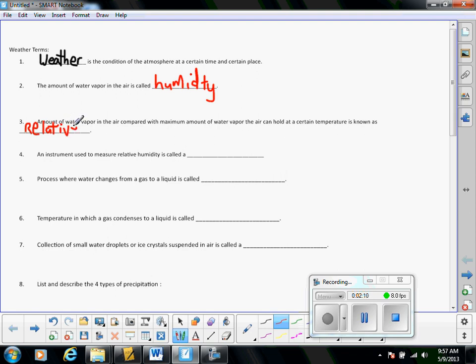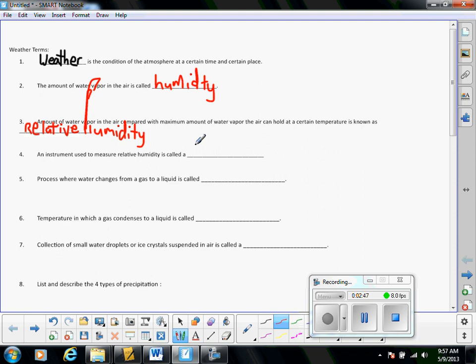Relative humidity. And this value is usually in percent. So for instance, if the relative humidity is 100%, that means that the atmosphere is holding as much water as it can for that temperature.